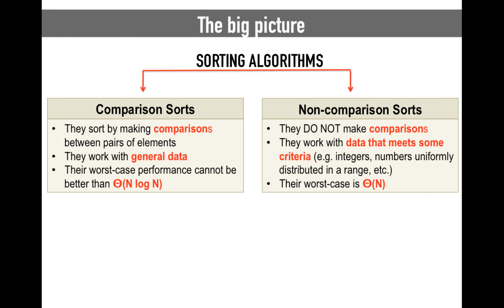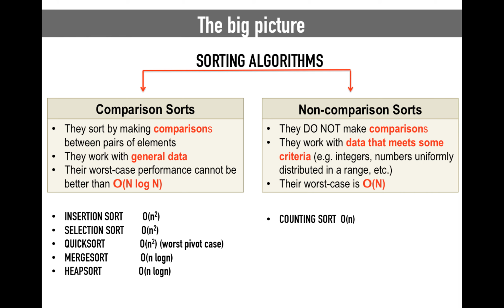And finally, and this is very important, we have to look at the performance of these algorithms. In the case of comparison sorts, we have several worst-case scenarios, and insertion and selection and quicksort, in the case you choose a really bad pivot, have worst case performance of n squared, which is really bad.